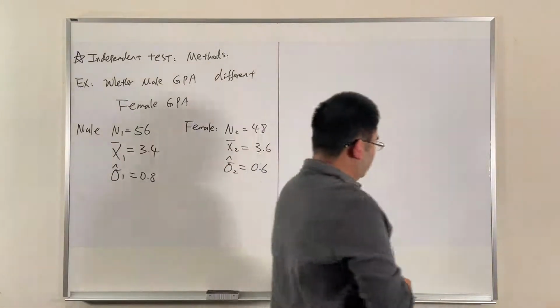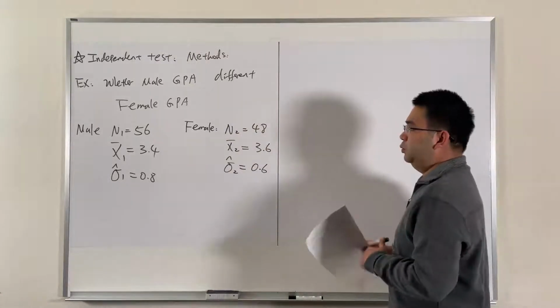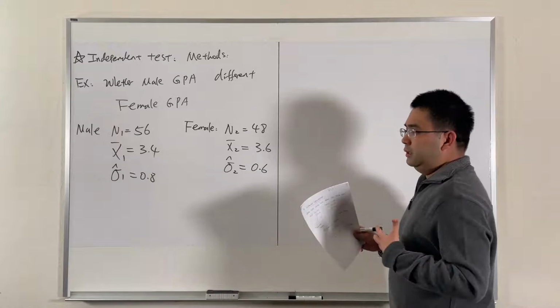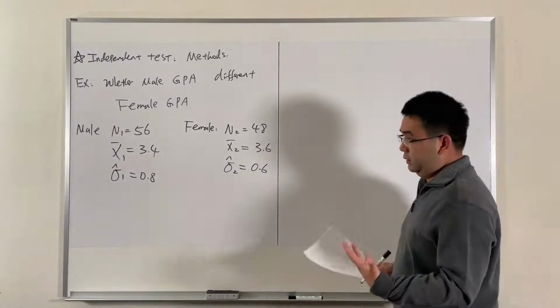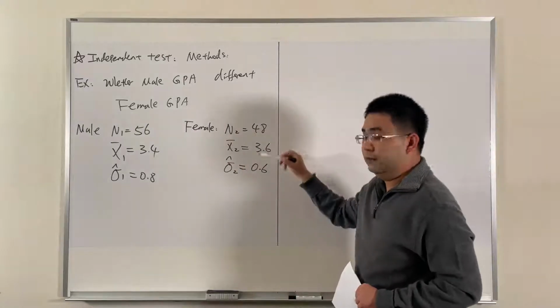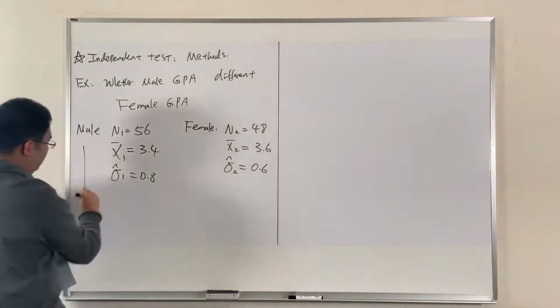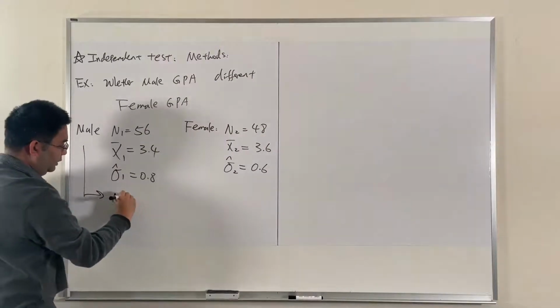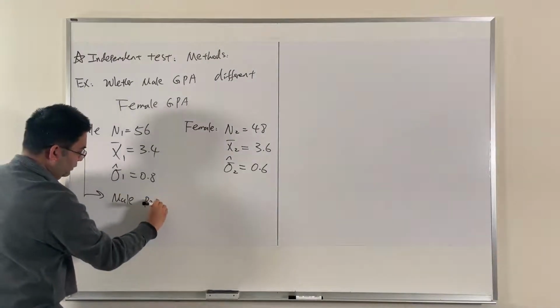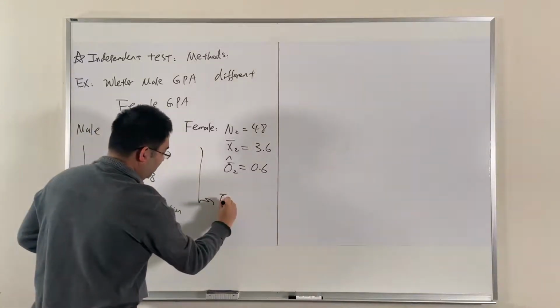Okay, so remember we talked about when we do testing, we are actually doing testing for two populations. So this set is the male sample and this set is the female sample, but in fact this sample is from the male population and this set is from the female population.